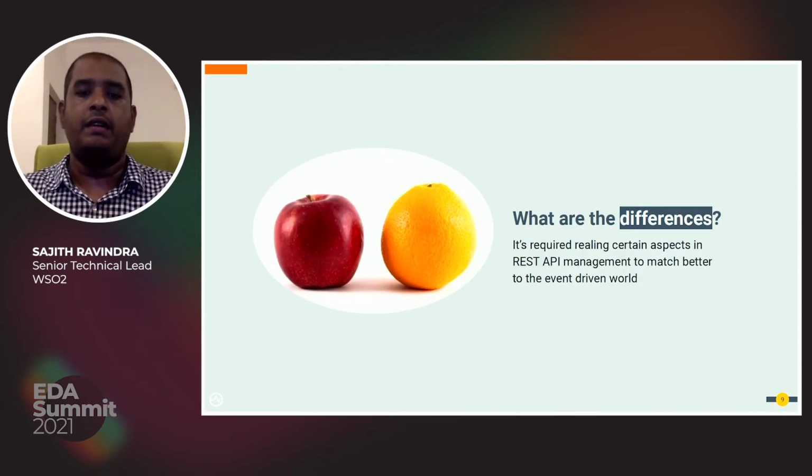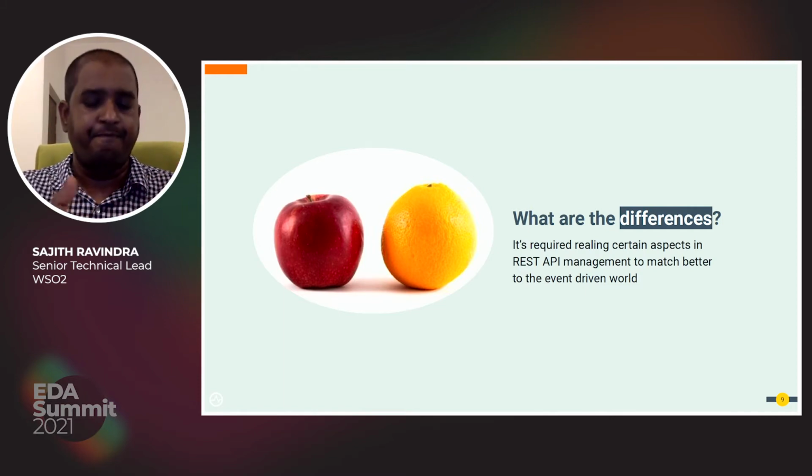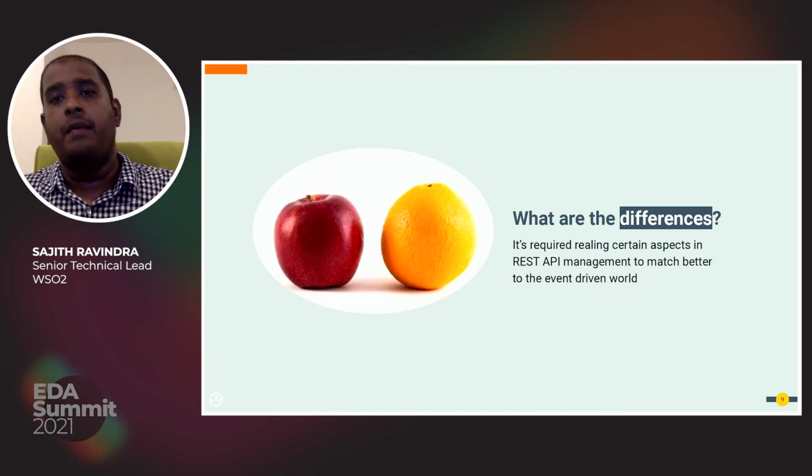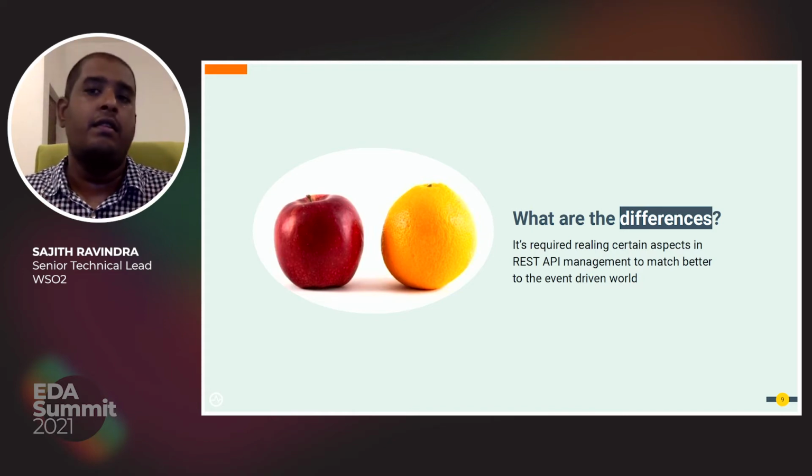So now we know we can reuse, or we can adopt, certain aspects of REST API management fairly easily into the streaming API world. But also, as I pointed out before, there are differences, right?